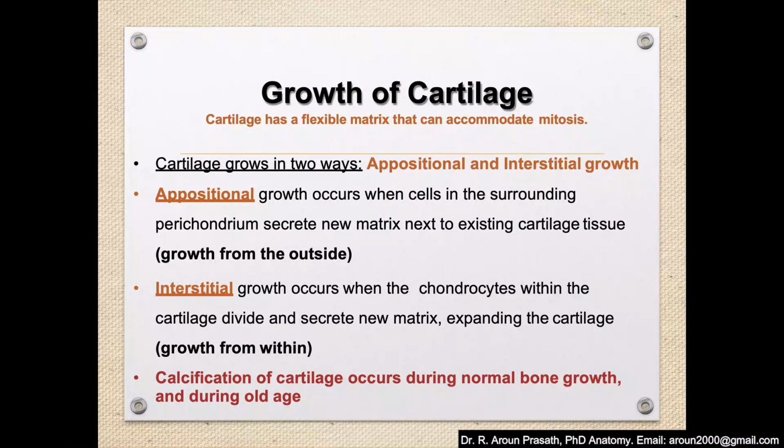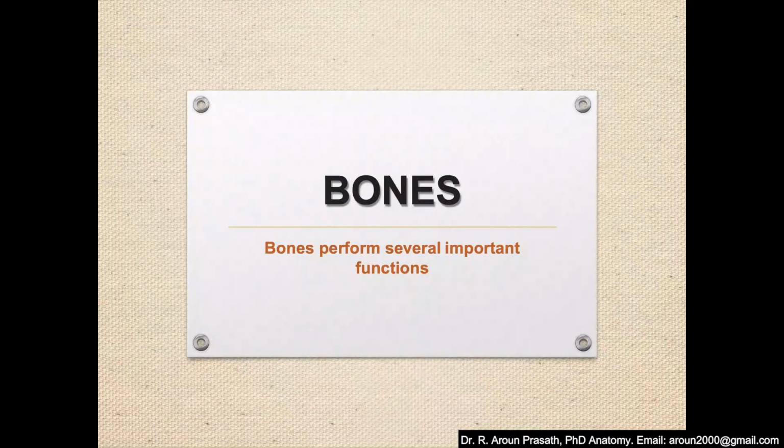Whereas the interstitial growth is from the inner aspect of the cartilage; the cells multiply and keep growing. As age progresses, these chondrocyte cells are replaced with calcium substance. That's why these cartilages go into calcification, and this happens in old age.